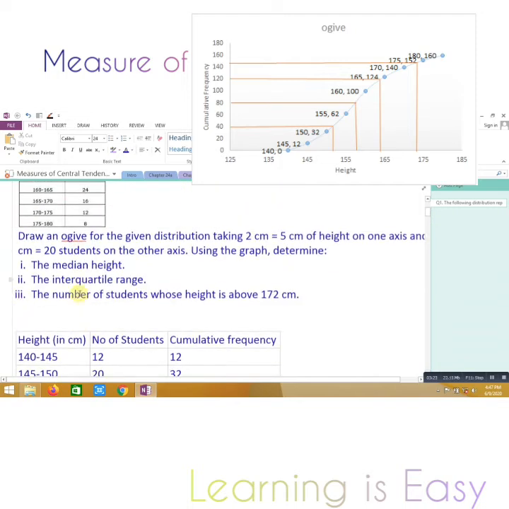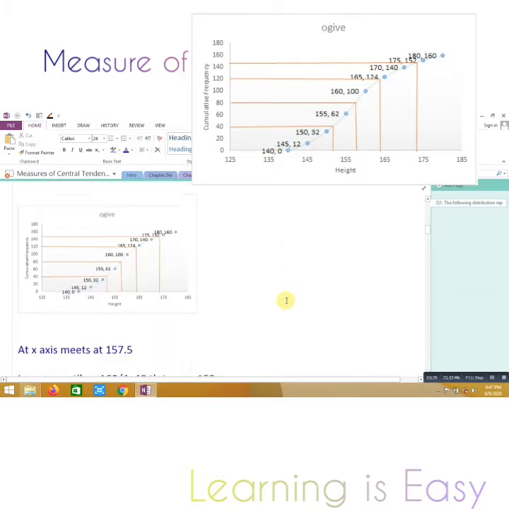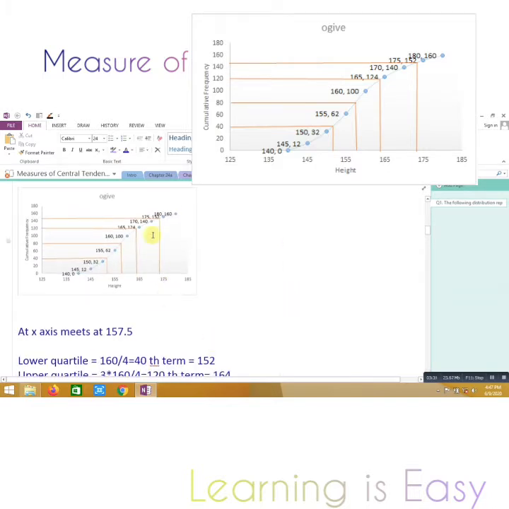Next we need to find the number of students whose height is above 172 centimeters. Since the height is on x-axis, draw a line from 172 centimeter in x-axis and draw a perpendicular line to y-axis. That meets at a point in y-axis.